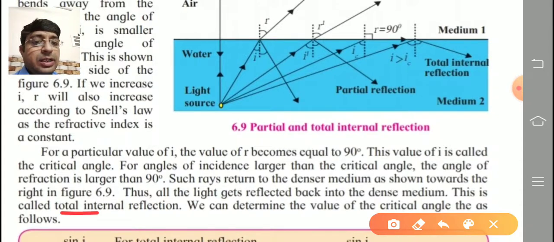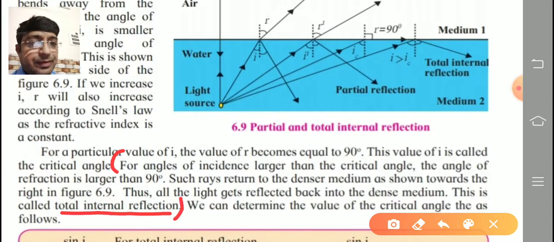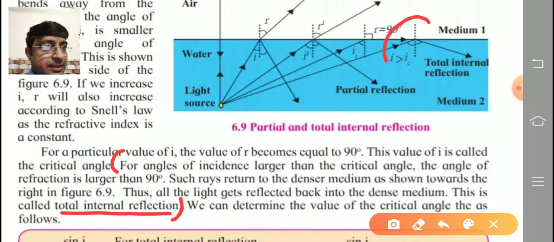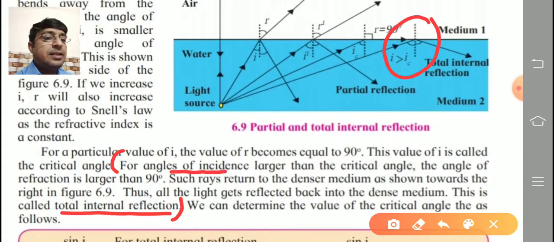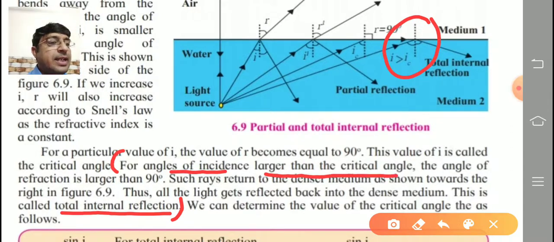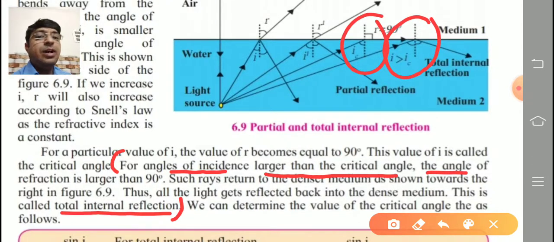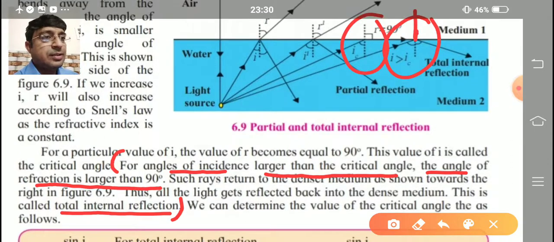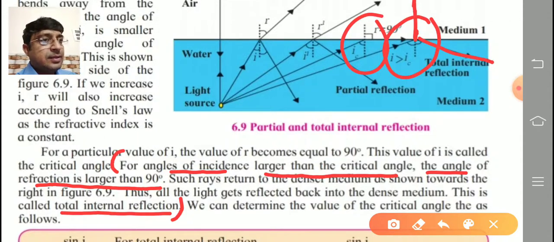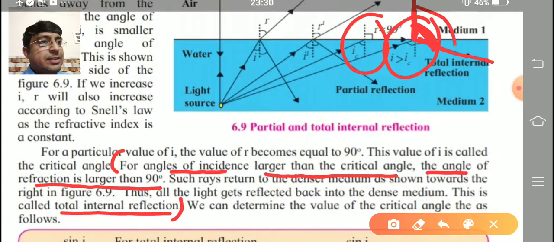Next point. Define total internal reflection. Mark the answer from here. For an angle of incidence larger than the critical angle, meaning after this third case, the angle of refraction is larger than 90 degrees. Where is the angle of refraction here? Check. This is larger than 90 degrees, this one.